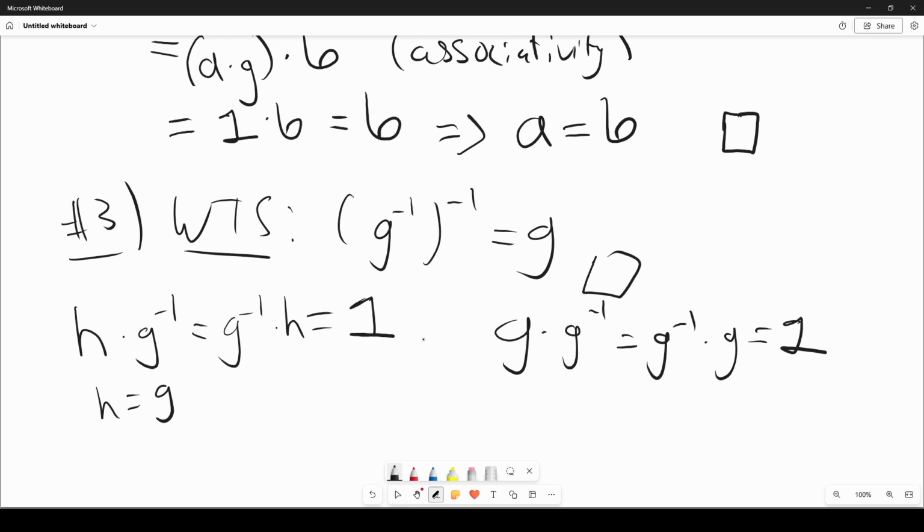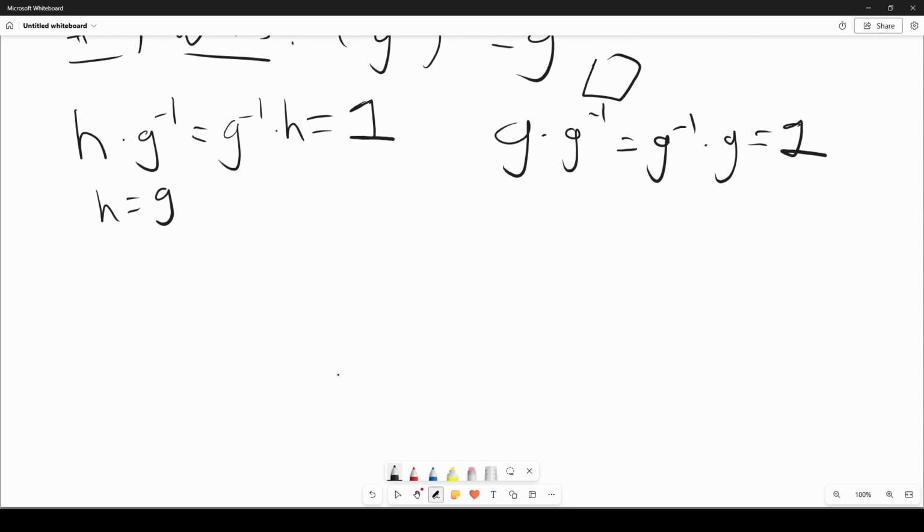And if you're curious, I can apply the thing I just proved, number 2, to say that this inverse is unique. So G is the unique inverse of G inverse. Okay. That's a neat trick for proving something is an inverse. If I just find something that works, then I know it's the only one because the inverse is unique.